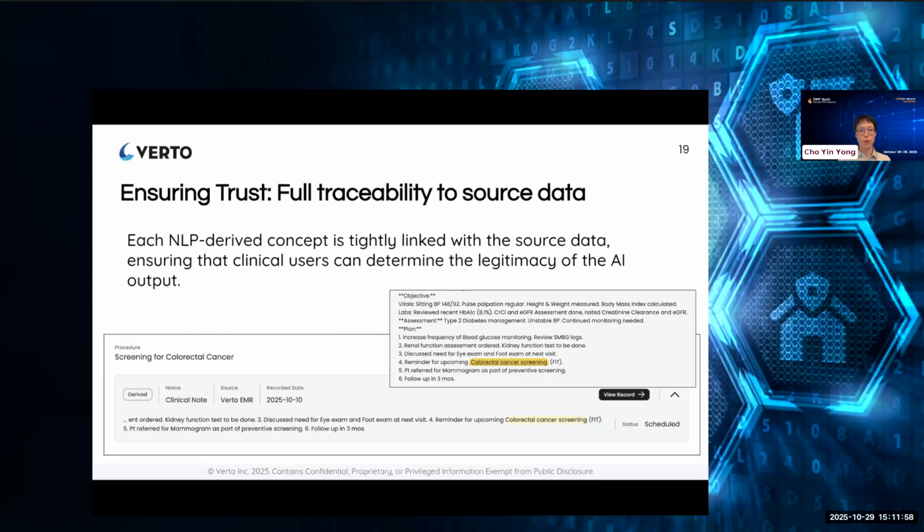And here is a screen on how we recognize the screening for colorectal cancer. We're showing exactly where in the note, and when that note was created, we recognized that.